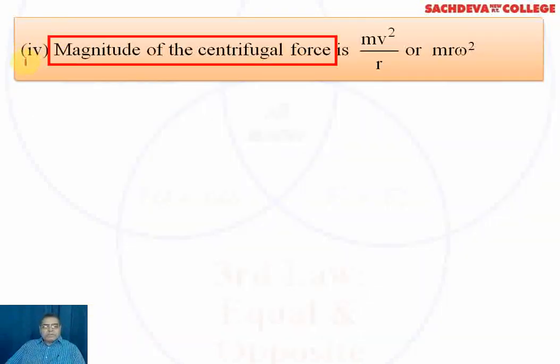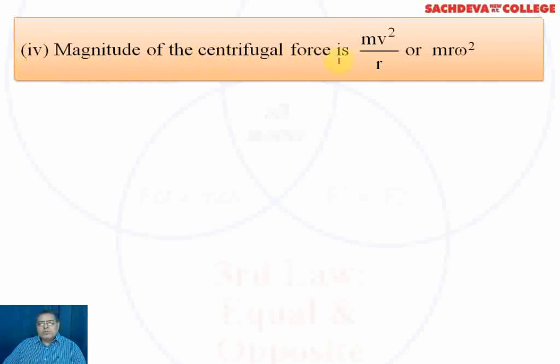Now the magnitude of centrifugal force is m v squared over r, and v can be replaced by omega r, so v squared will be omega squared r squared. One of the r will cancel out from the r in the denominator.